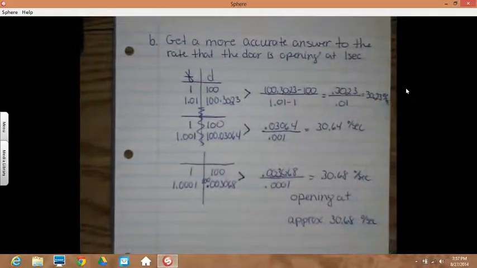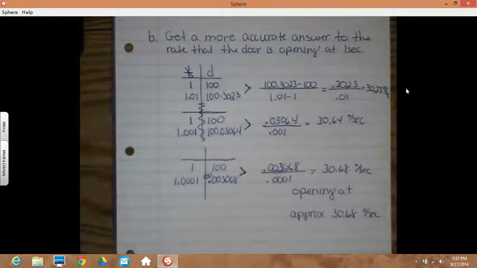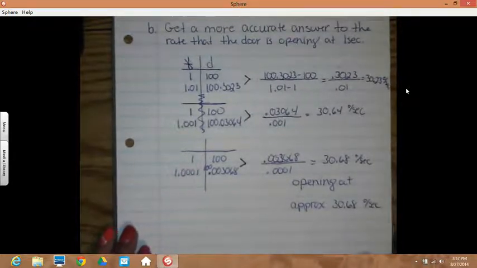So I want to try one more of these with the same door and ask you at a different time how fast the door is moving.